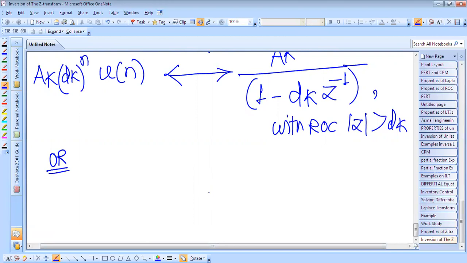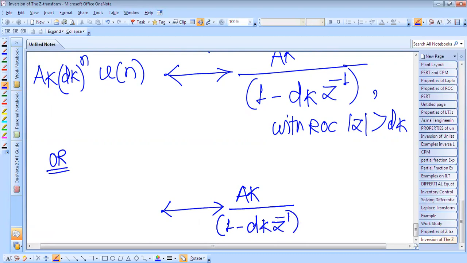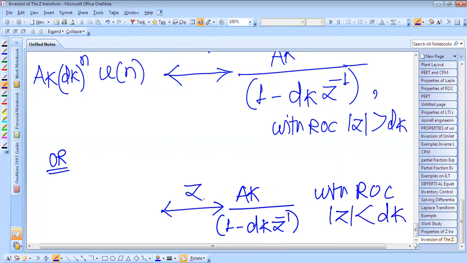Or suppose Ak divided by 1 minus dk into z raised to power minus 1 with ROC magnitude of z less than dk, then its inverse Z transform will be minus Ak into dk raised to power n into u of minus n minus 1.